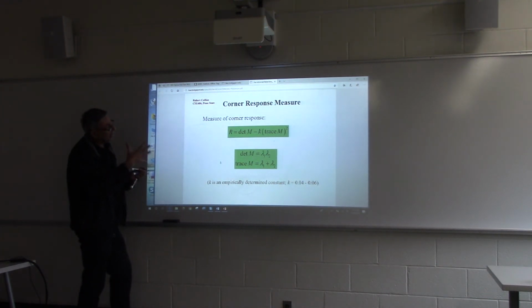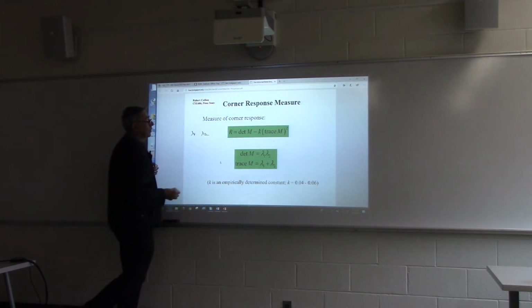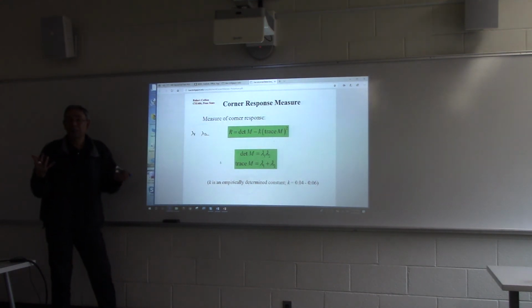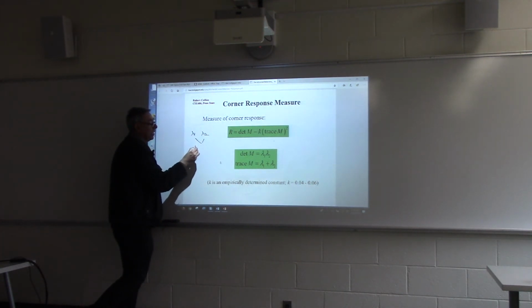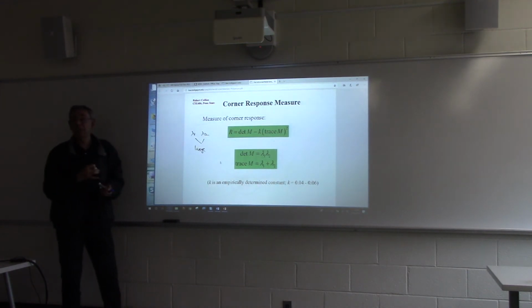Because we have two eigenvalues over here, lambda 1, lambda 2, we still need some kind of threshold. Right now we just said if both are large, it's a corner, and if both are small, it's not. But how do we know what is large?